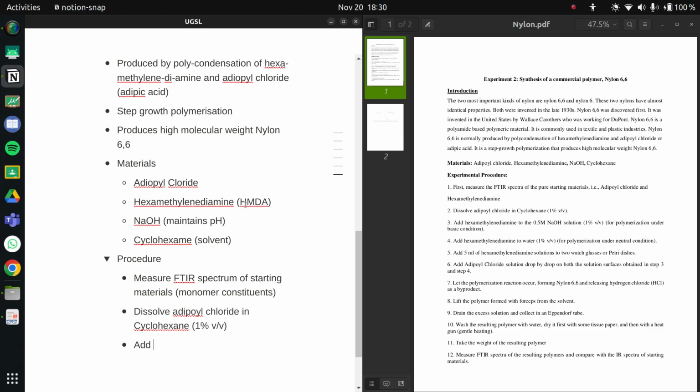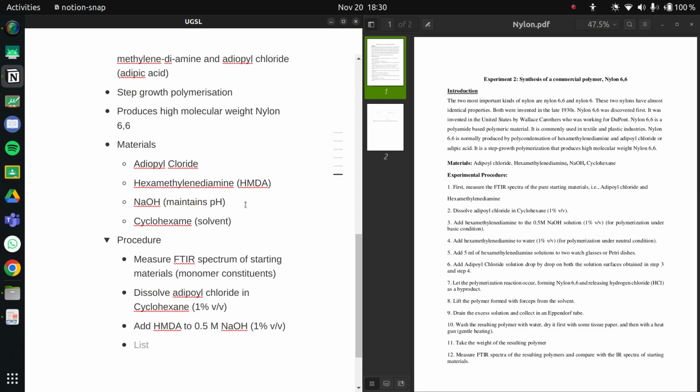Okay, so add HMDA to 0.5 molar NaOH. Let's add this thing to water.